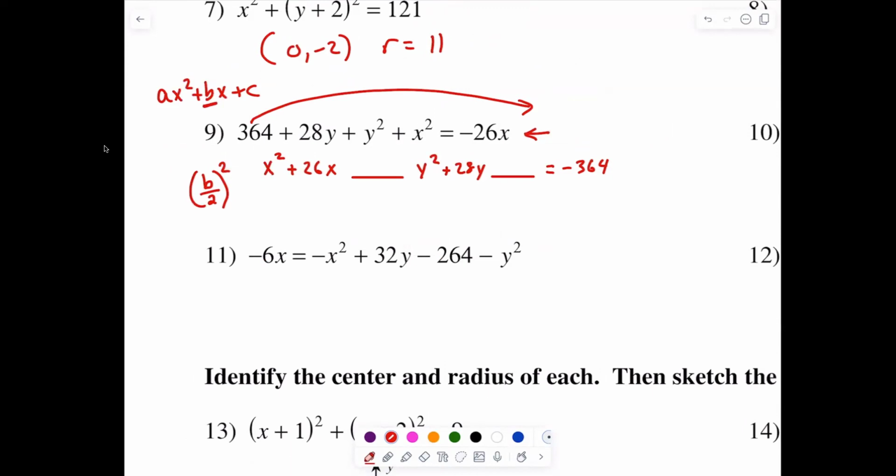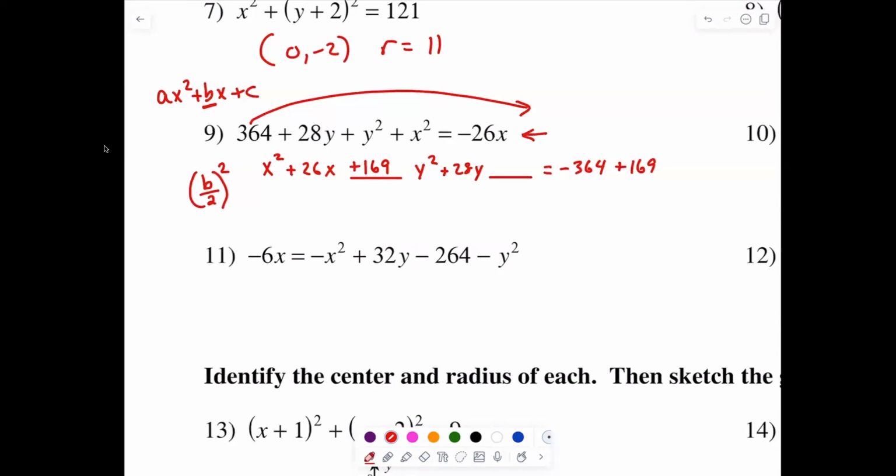What's 26 divided by 2? 13. What's 13 squared? So you're adding 169. If you add 169 to the left, you have to add 169 to the right. Now, half of 28 squared, you're adding 196.